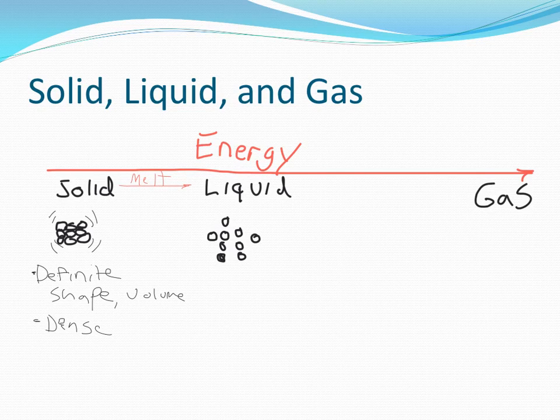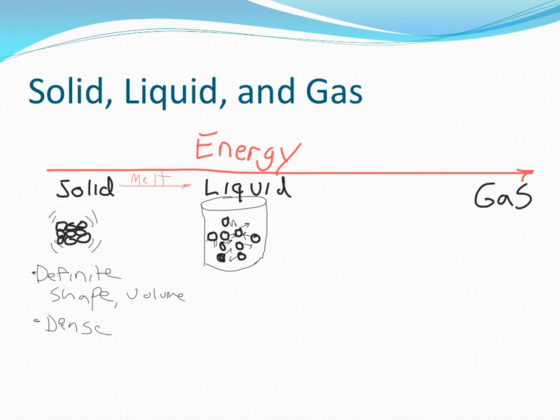So now that we're in the liquid state, we notice that there's a little bit more transitional movement. So these guys can actually slide past one another, all 9 of them. So since they can slide past one another, we need to put them in a container so that it doesn't just go all over the table or whatever it's on. So this needs to be in some sort of beaker or container.